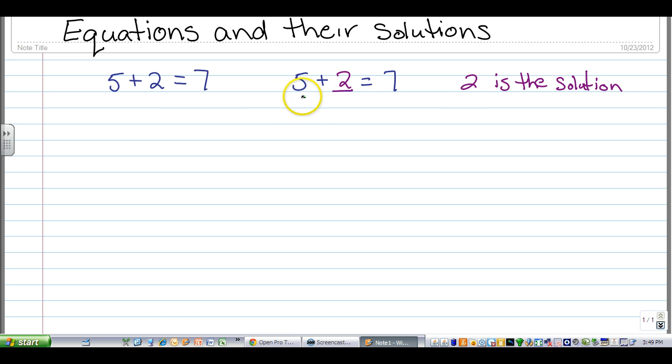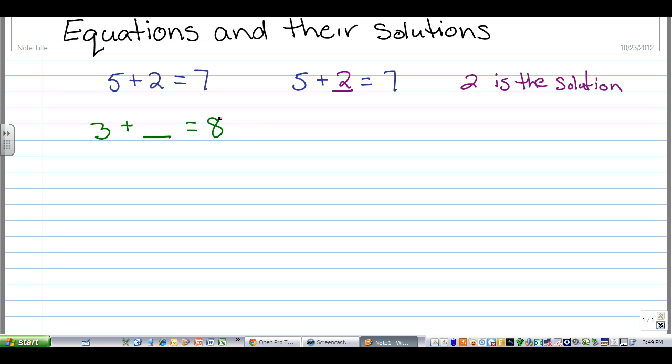So to make this equation correct, we have to put in the proper solution. If I write another equation and I said 3 plus, I don't know, equals 8, and I'd say, well, what is the solution?